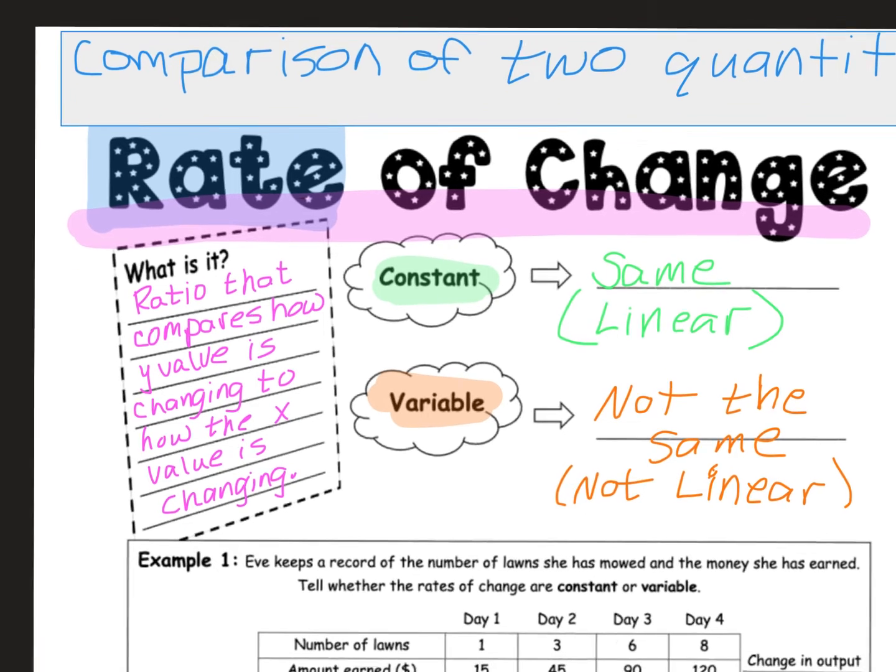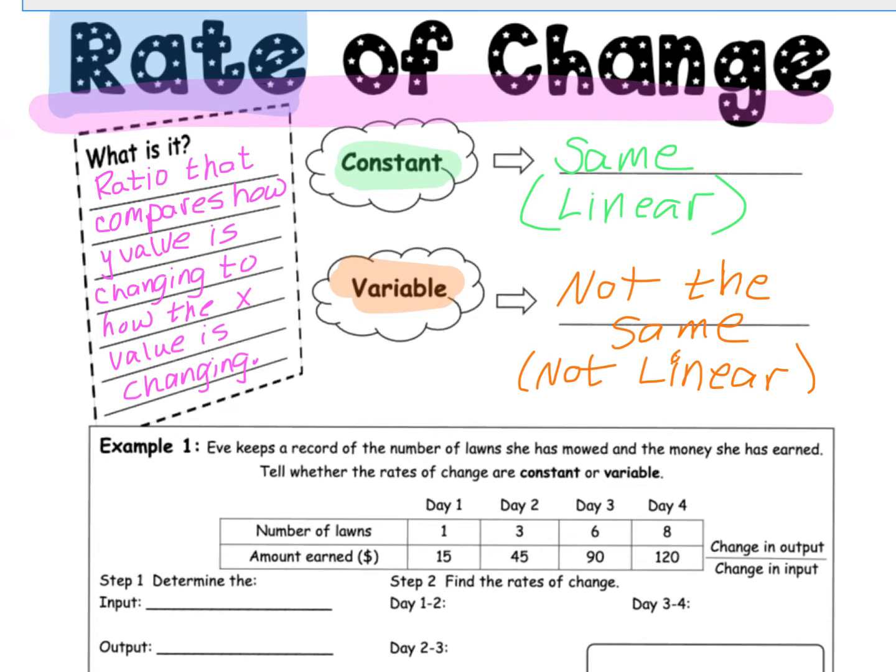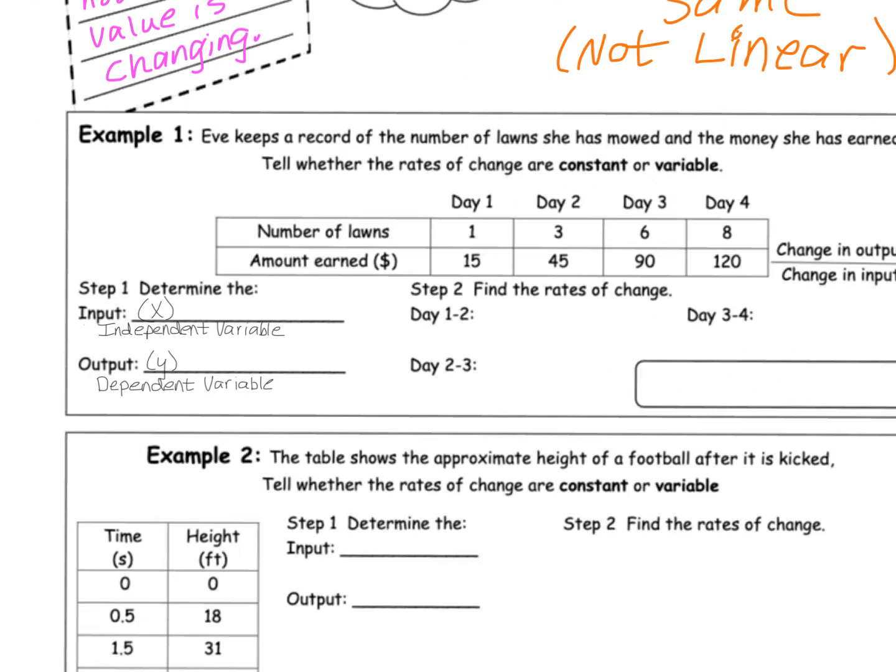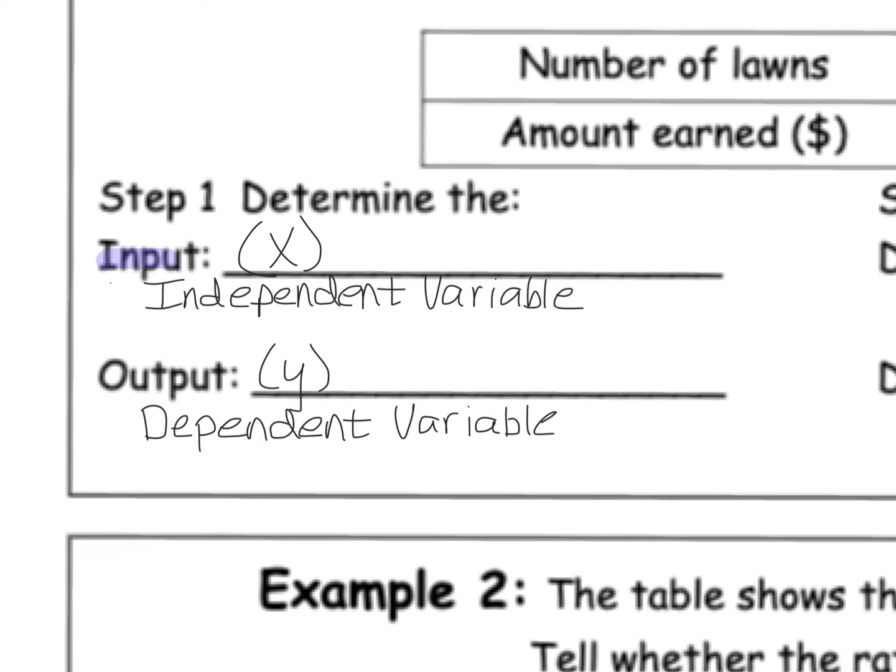For now, we are going to focus on finding the rate of change from a table. In our notes, we are talking about Eve, who is mowing some lawns to earn some money. We need to talk about the two different quantities being measured here in order to determine whether or not this is a constant rate of change. The first thing we need to know is, what is the input? What is your independent variable? Remember, we call input several different things.